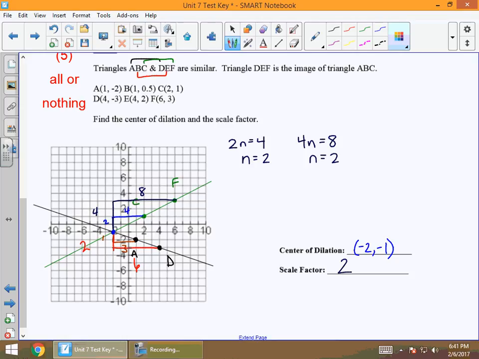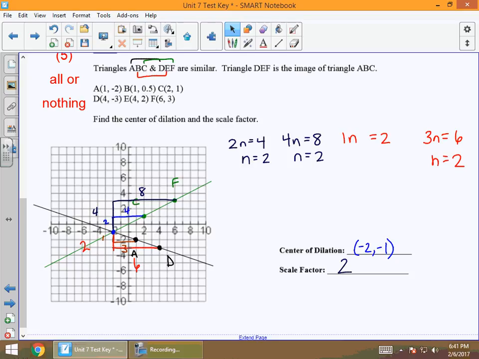So it's either 1 times what equals 2. Well, I know that one, that's n equals 2. Or 3 times what would give me the 6, and n is still 2. So really it does not matter which one I look at.